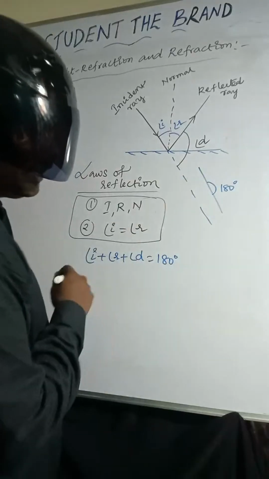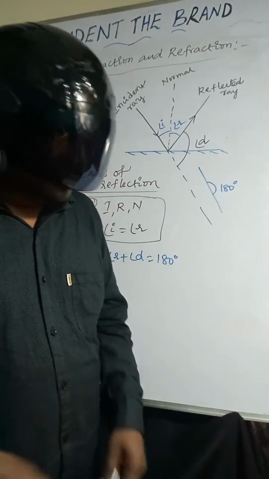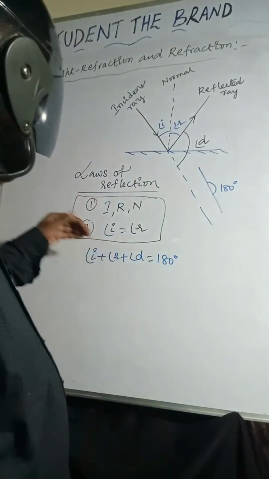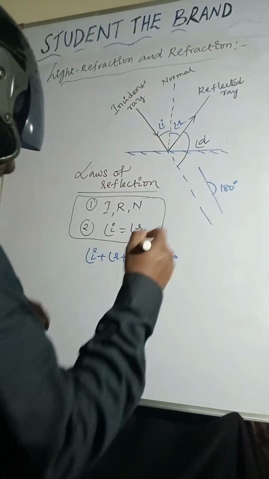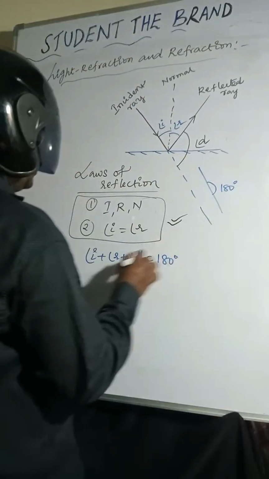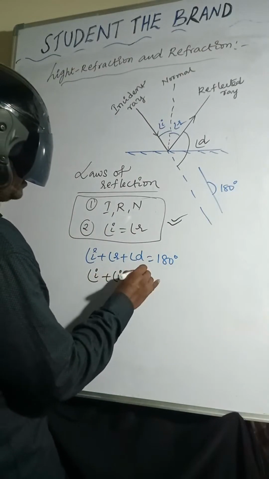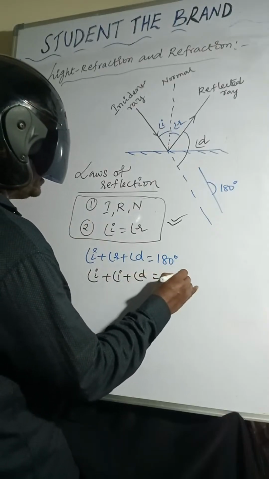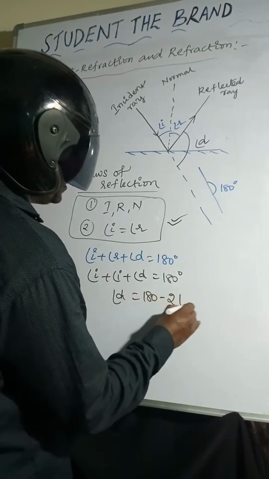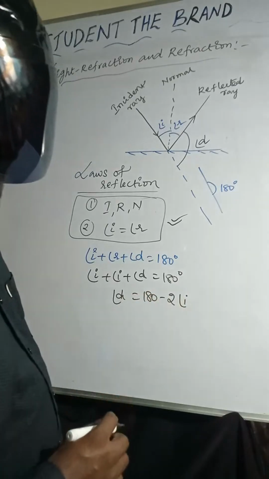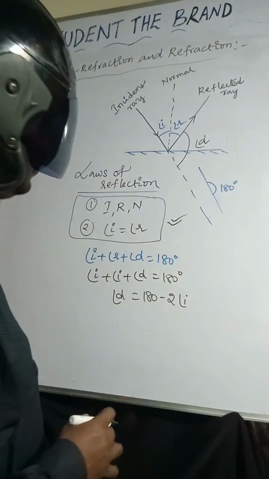From the laws of reflection, we know the angle of incidence equals the angle of reflection. So the angle of deviation equals 180 minus 2 times the angle of incidence.